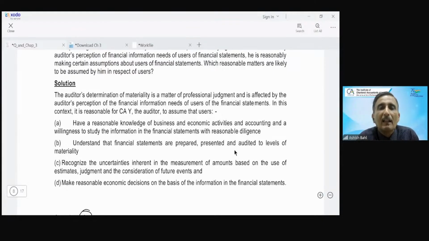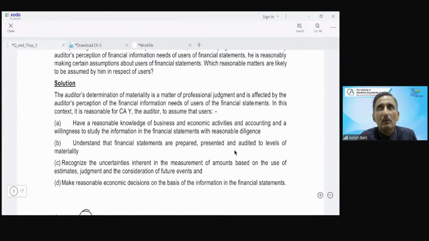Number three, users recognize that some measurements are based upon estimates and judgments. Some provisions are made, some estimates are made, some factors are considered which may relate to future events. Lastly, he considers that users make economic decisions on the basis of information in financial statements. So these four things he assumes about users.